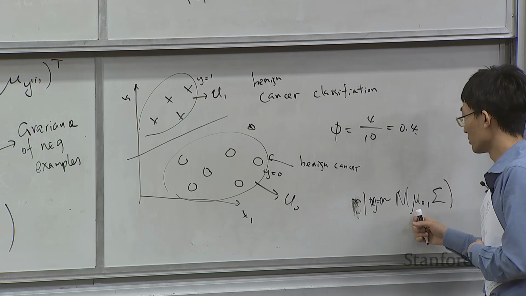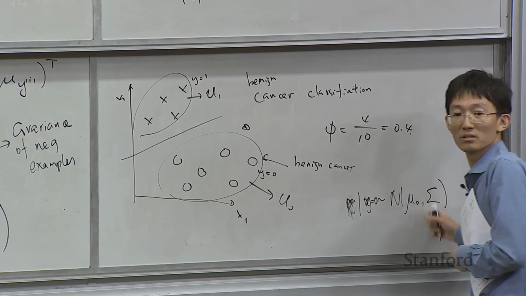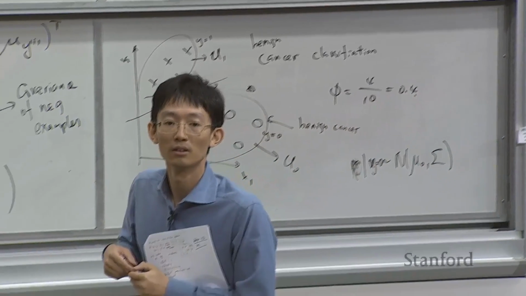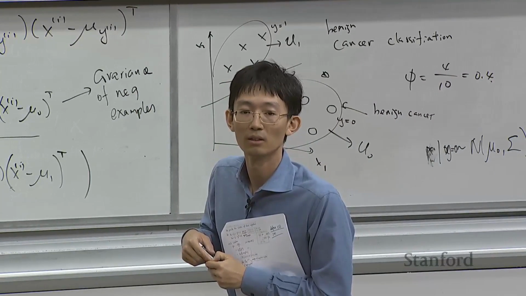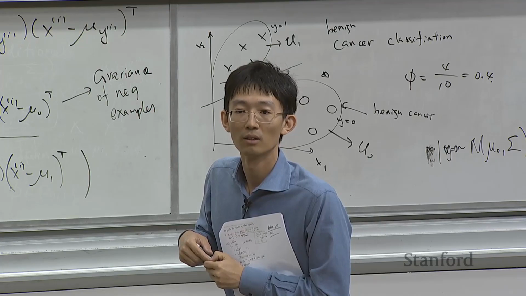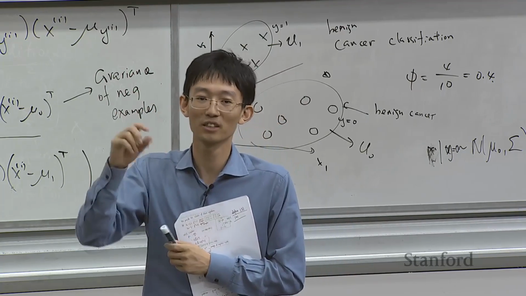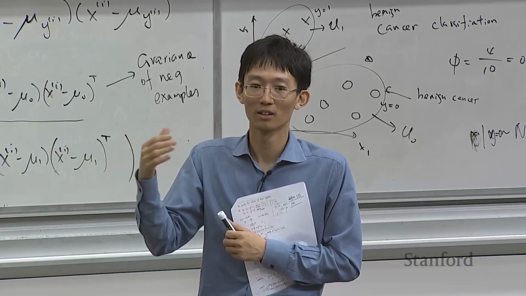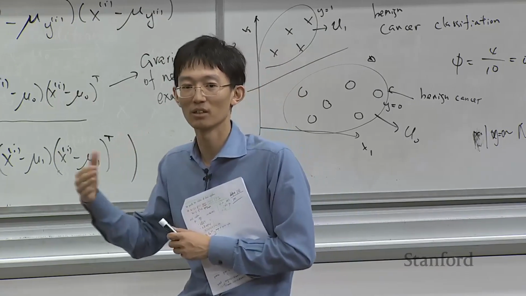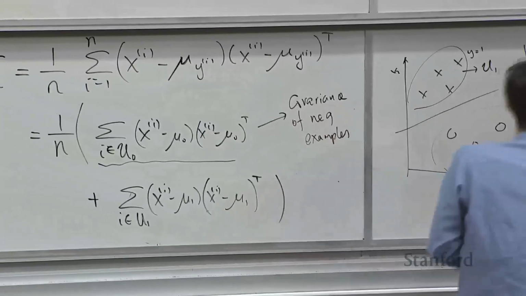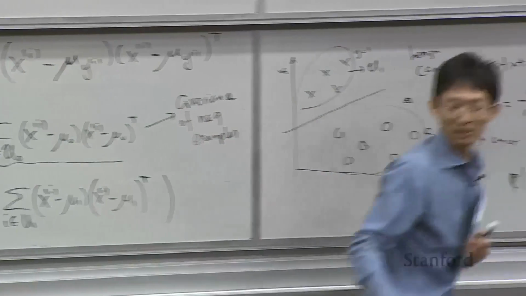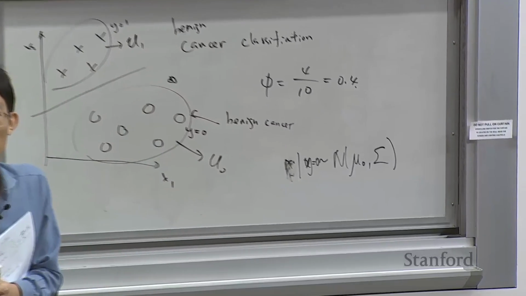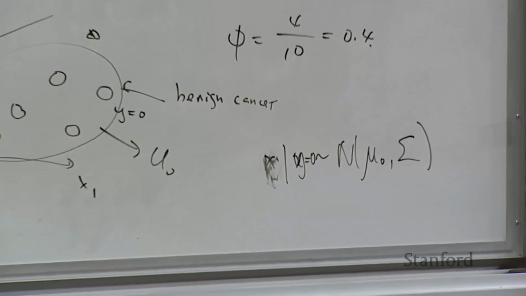So mu0 is a d-dimensional vector. Sigma is a matrix. No, that's phi. Phi is a scalar. It is the probability of y equal to 1. Mu0 is the mean of x given y is 0, and mu1 is the mean of x given y is 1.